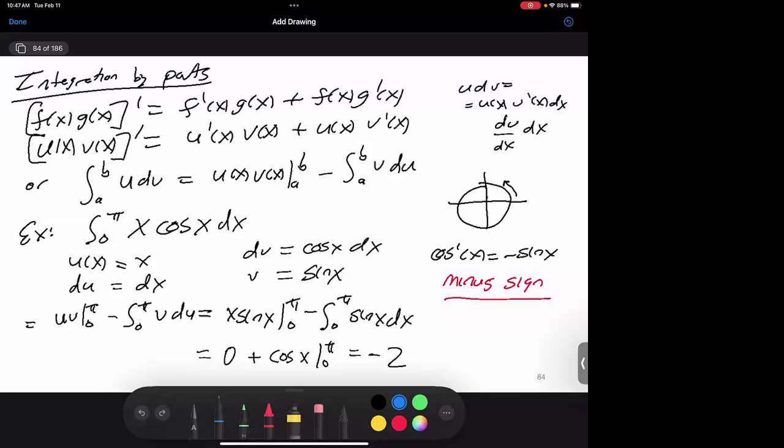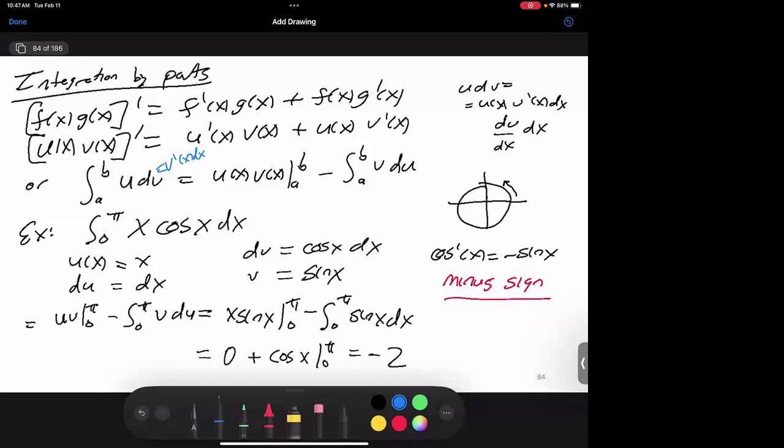So we then pull things over to the other side, and we can solve, and we get the integral of u dv. The dv here, you should view that as the v prime of x dx, is just going to be our integral of uv prime evaluated at a and b. So that's the boundary term, u of x v of x at b minus u of x v of x at a, minus the integral of v du.